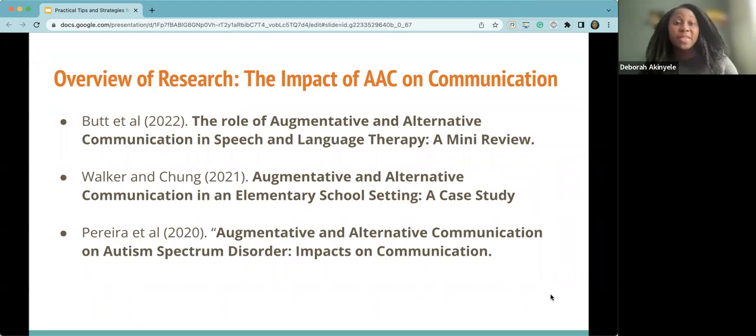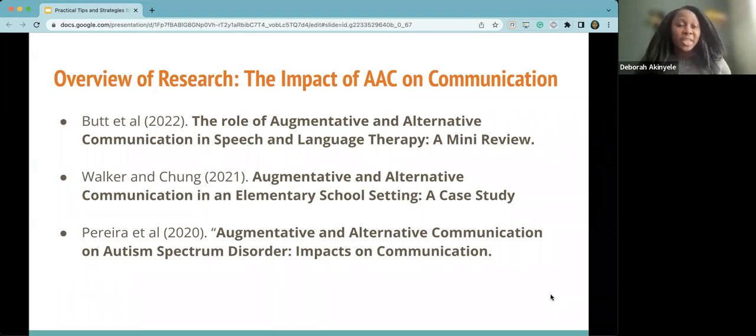And so one of these studies in particular, the study by Walker and Chung, really goes into a case study where they were able to recognize a 51.4% increase in the individual's attempt to initiate spontaneous communication after they were using an AAC device for a year.